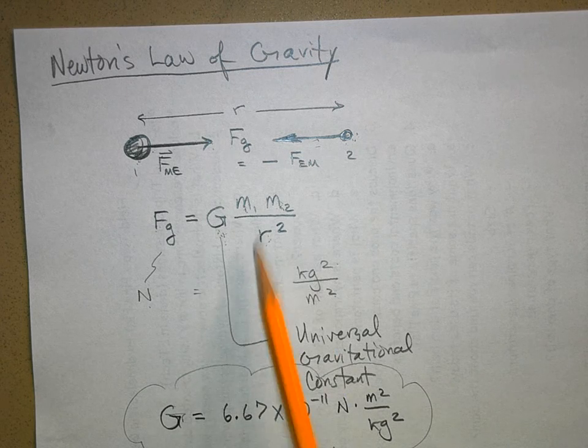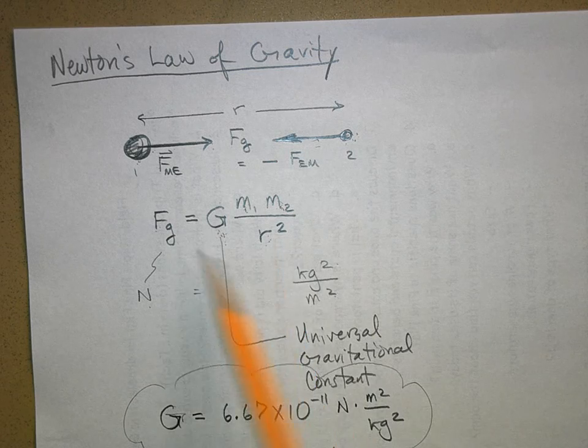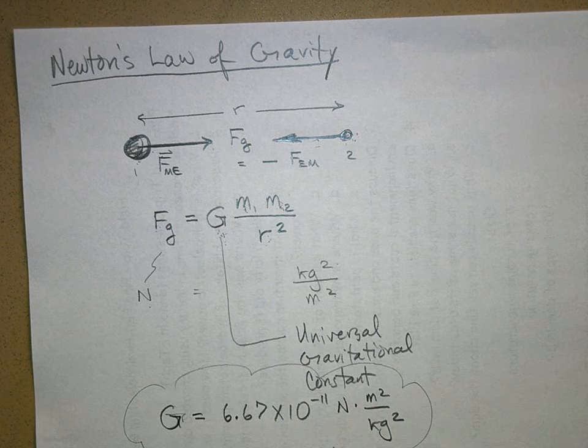That's R squared. And that's a pretty big number too. But when you multiply all this out, you get a number like 700 newtons. That's your weight in newtons. And it works out. This is Newton's law of gravity here.